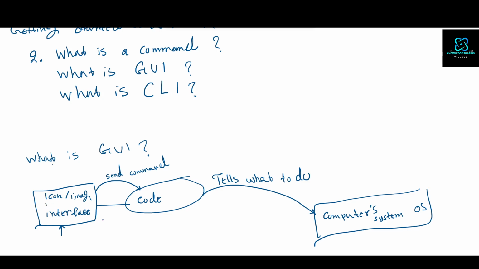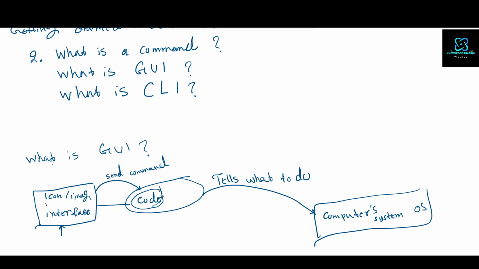But what is behind that icon or image? Behind the icon or image, there is a code. When you click on the icon itself, automatically there is a command behind that icon that goes to that code, and that code will be executed.